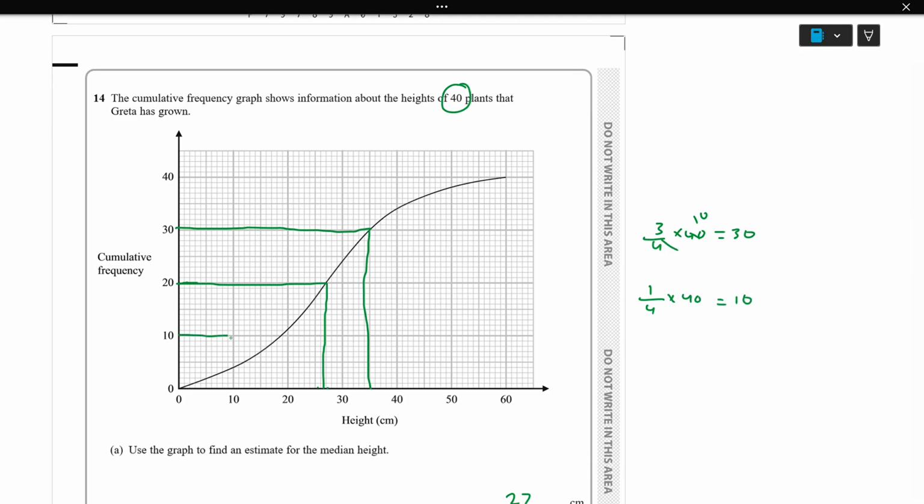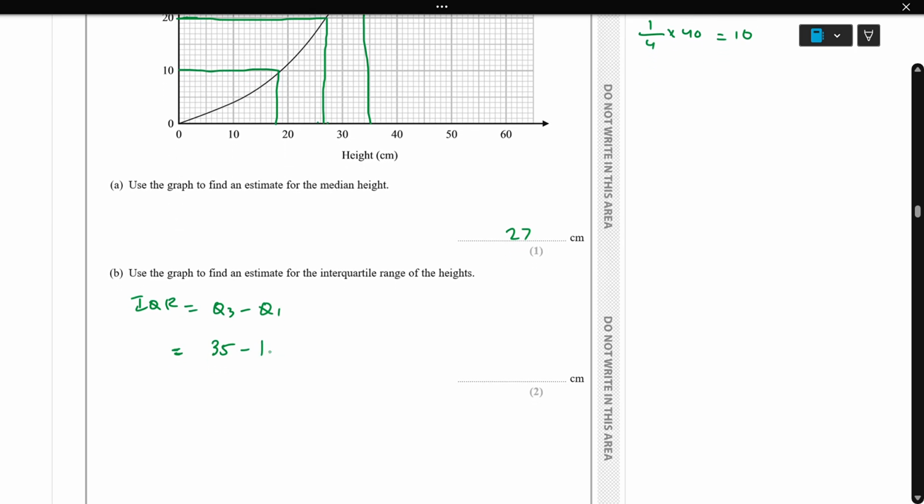So go to 10 and find out here, which is going to be 15, 16, 17, 18.